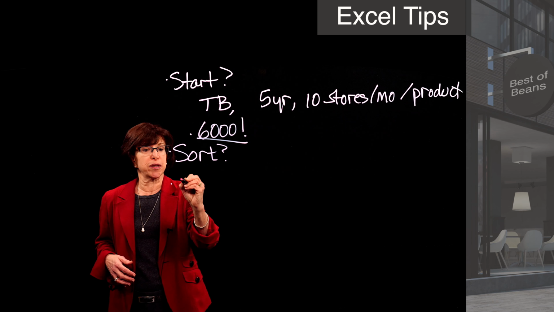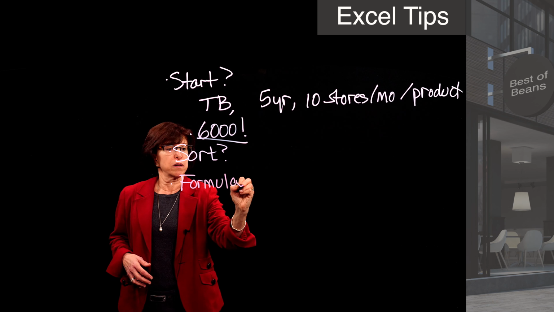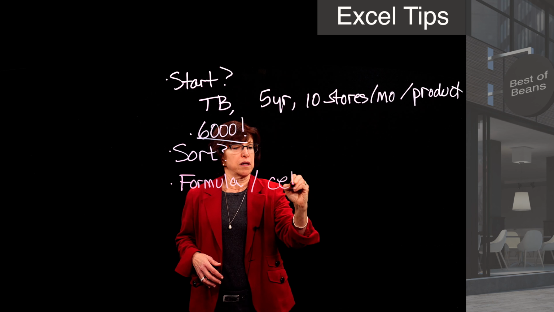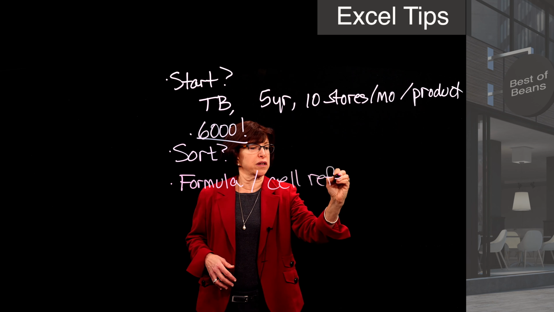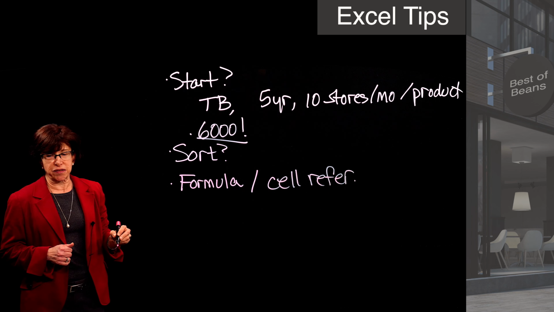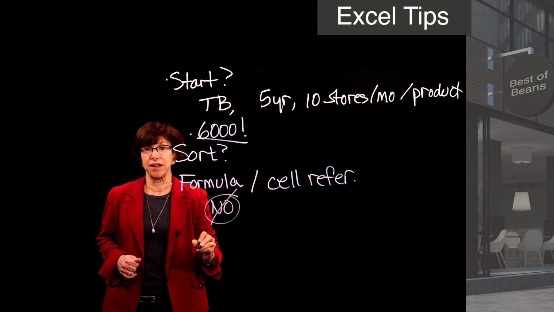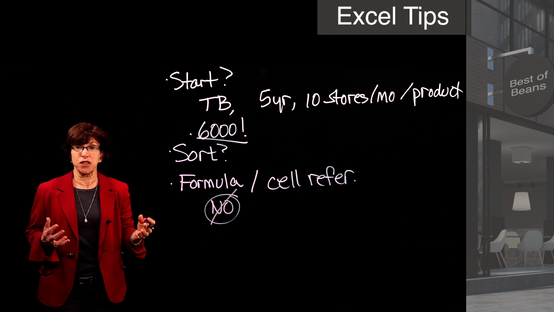A couple other tips to think about as you go through this is that you should be using formulas and cell references wherever possible. I really don't want to see retyping of numbers in spreadsheets.